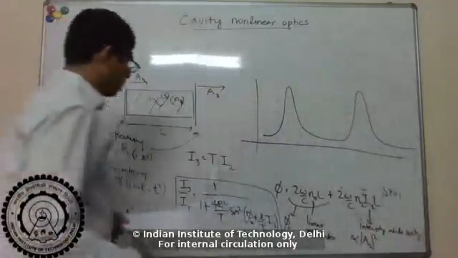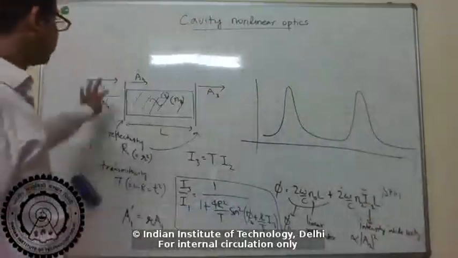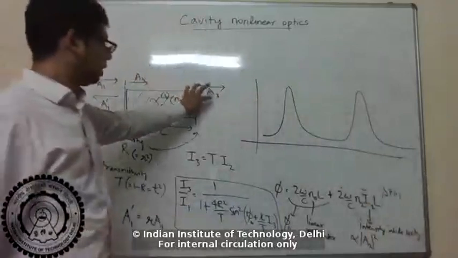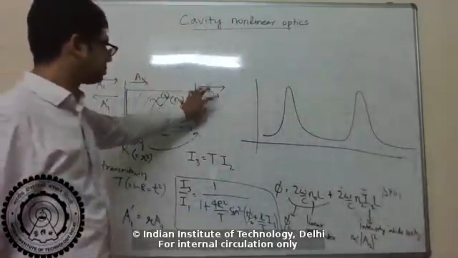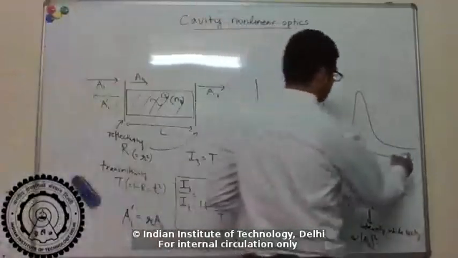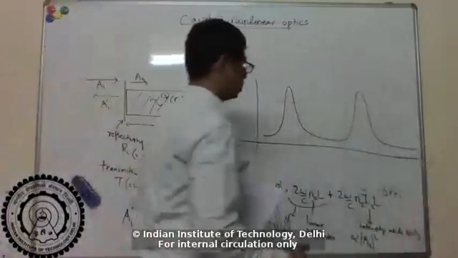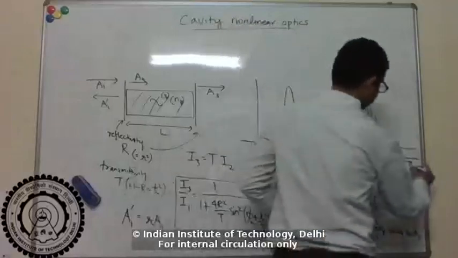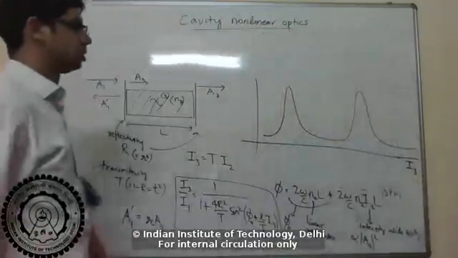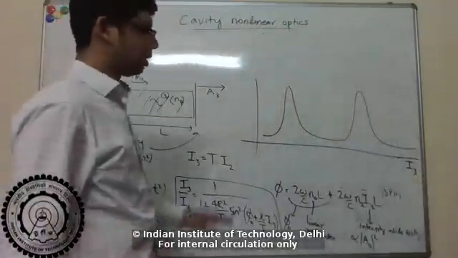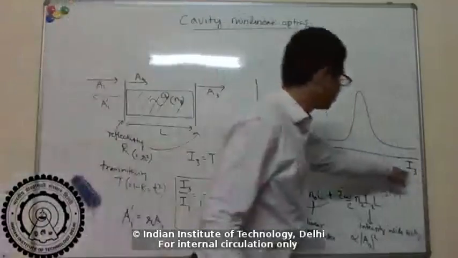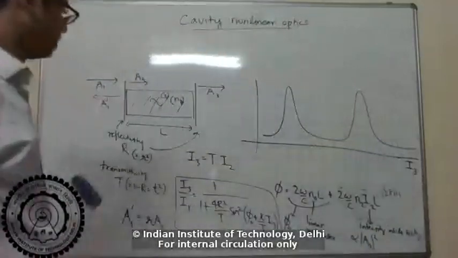So as we are changing the input intensity, of course, the intensity in the cavity changes, which also changes the output intensity, right? So if I plot the x-axis as a function of I3, which sounds strange at this point because I3 is sort of the output, but I'm taking the x-axis as I3, but just bear with me.